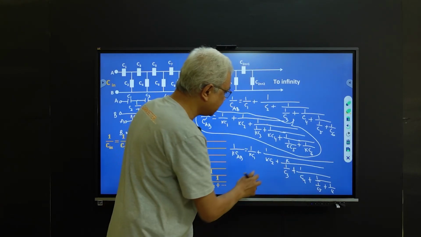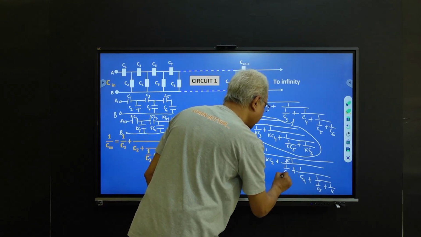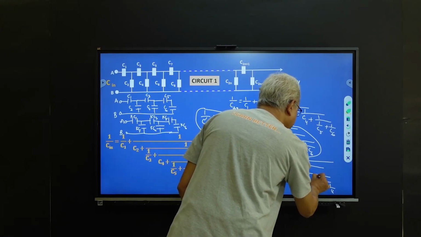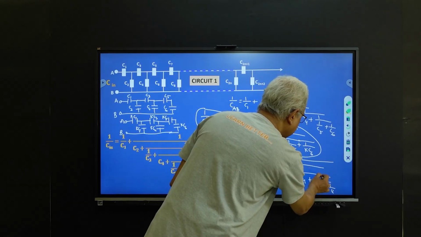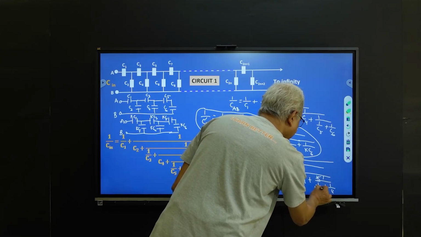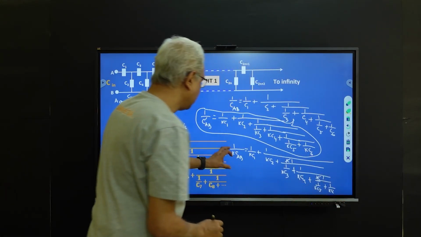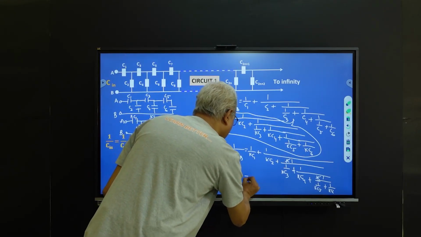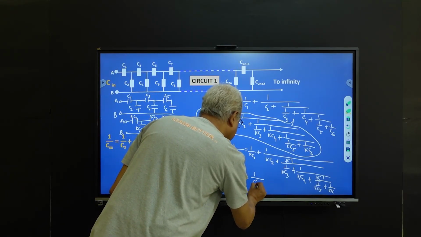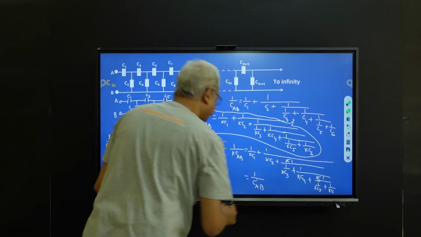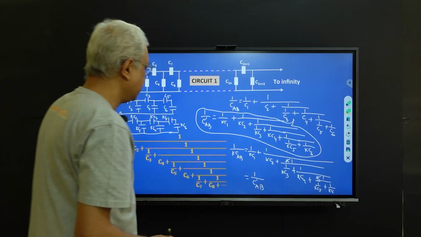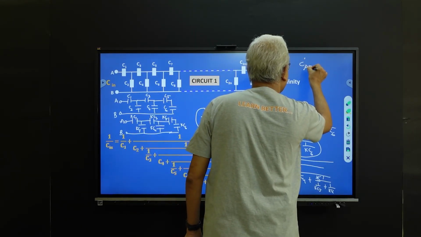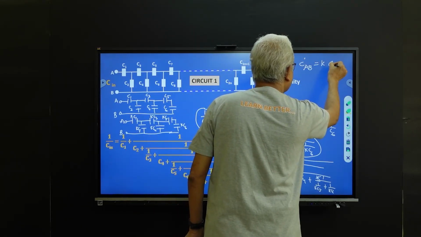Now this K I can bring here and here also. So 1 by KCAB is nothing but 1 by C dash AB. So C dash AB is K times C.